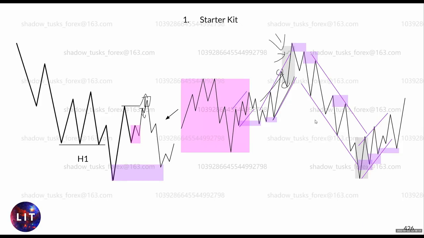Perfect, right? And then we could technically look for here into a potential mitigation, because this cycle on the M5 is completed, right? Then the next ideal scenario is the extreme mitigation of here. So first of all, we have this extreme mitigation to the left. Then we had the mitigation of the inducement in here.